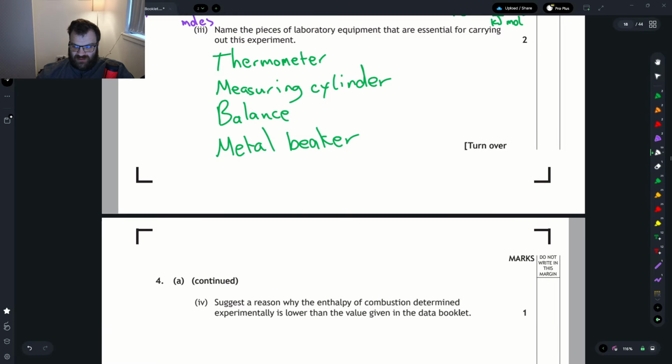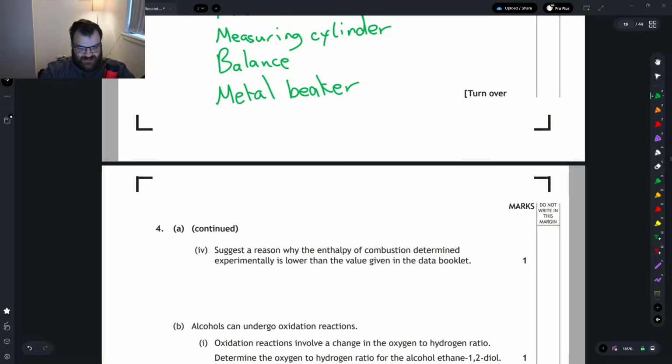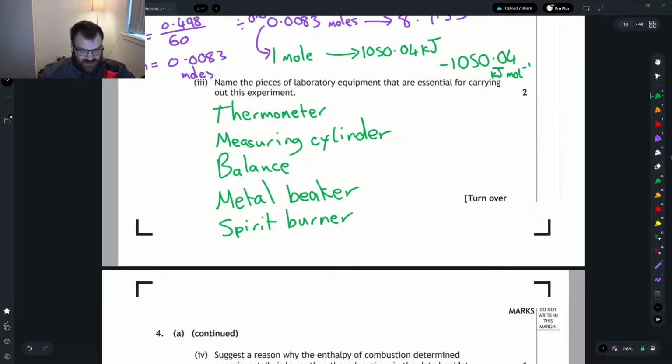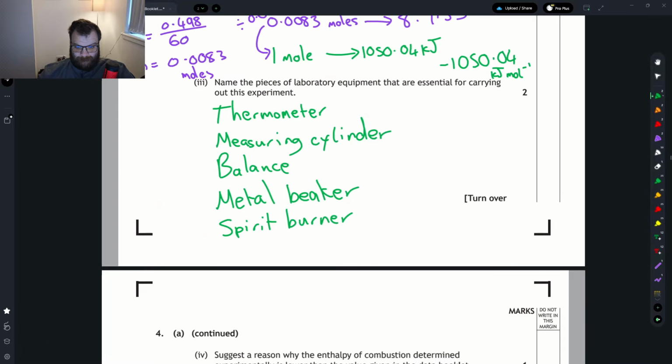And we'd also need, for this experiment, we're burning an alcohol, a spirit burner. That could be the ones that are like the glass with the little candle wick sticking out of it. You get other ones that are like a camping stove type idea that can run off certain alcohols. Whether it could work with propanol, I don't know off the top of my head.